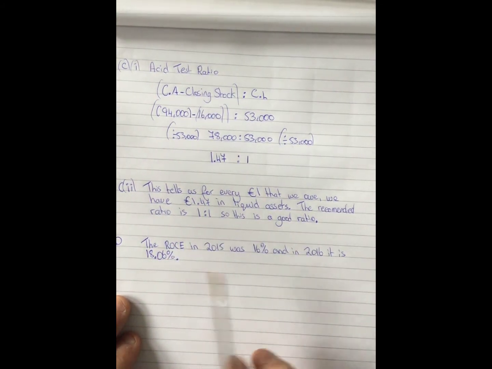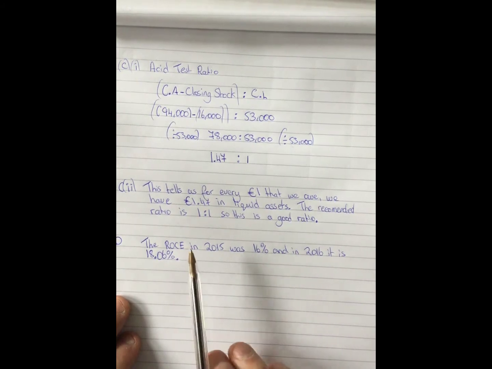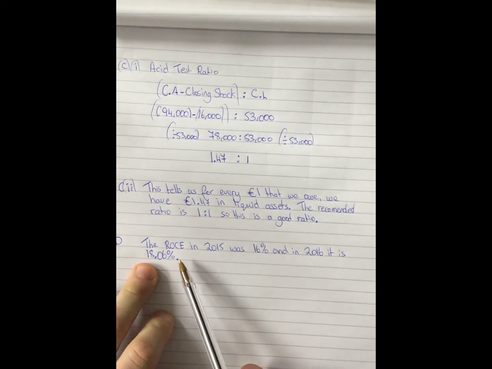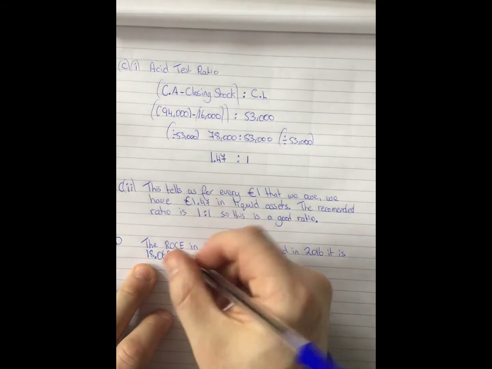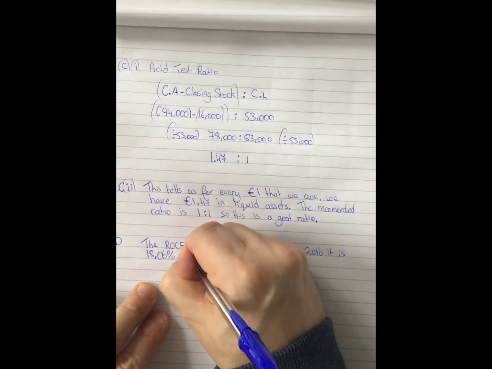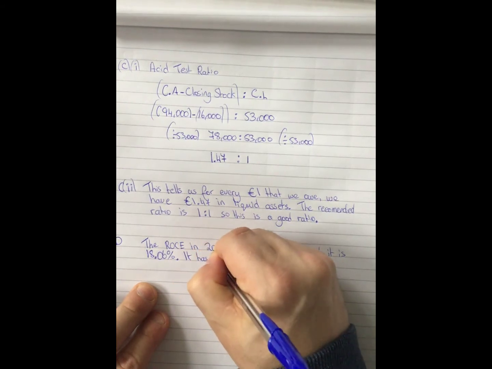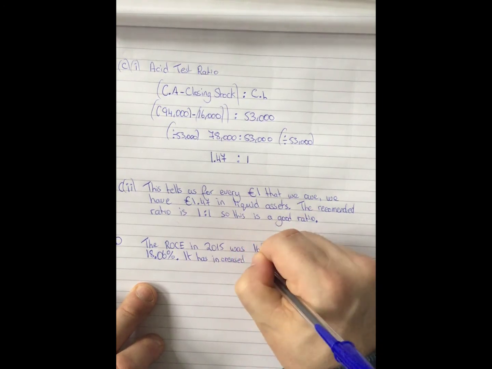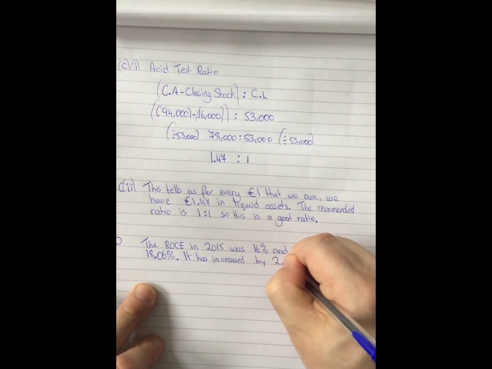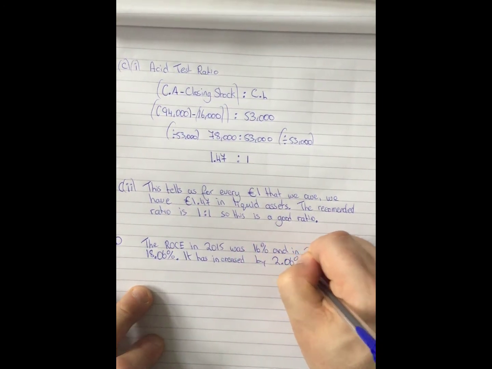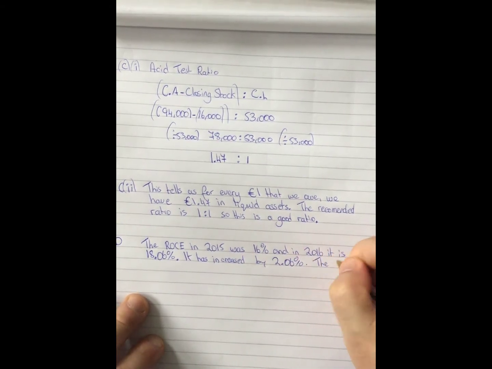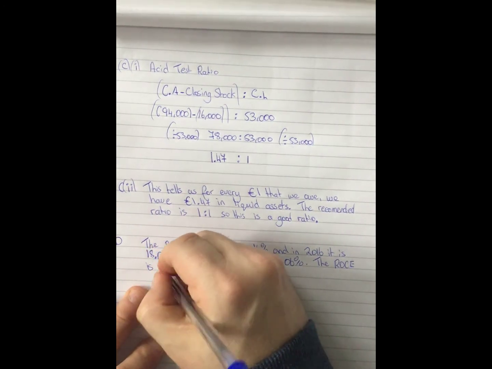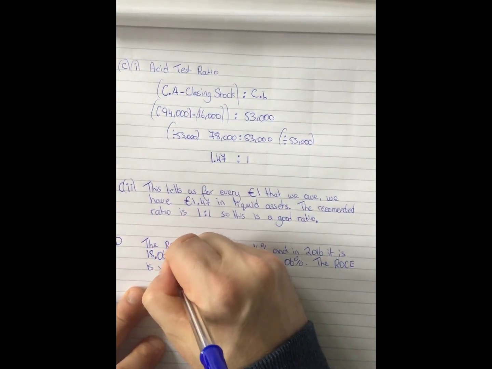Sometimes you have to state the obvious here. We know just by looking at it that it has jumped by 2.06%, but you still have to write this out. It has increased by 2.06%. The ROCE is very good.